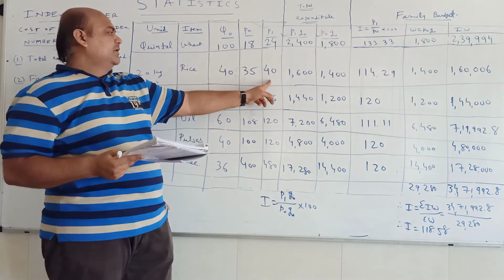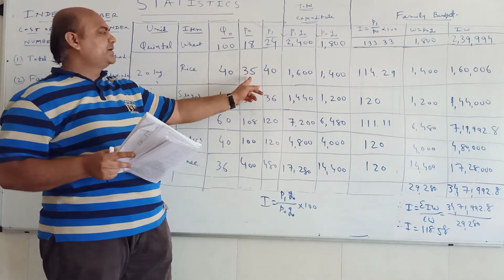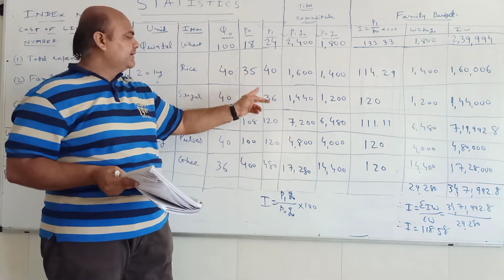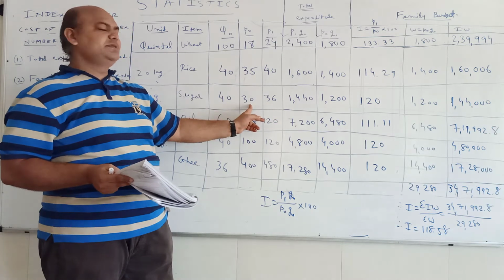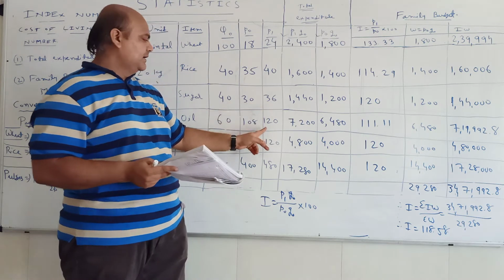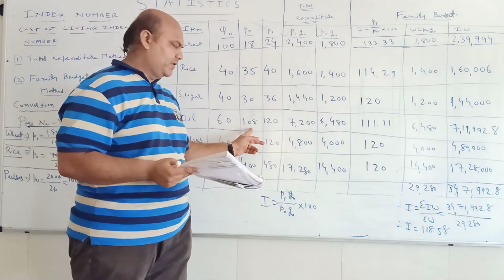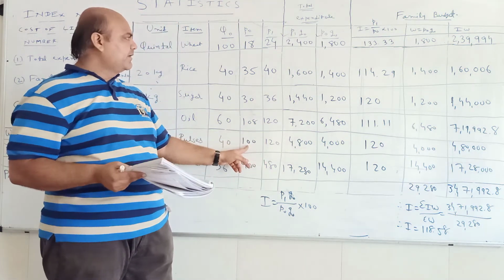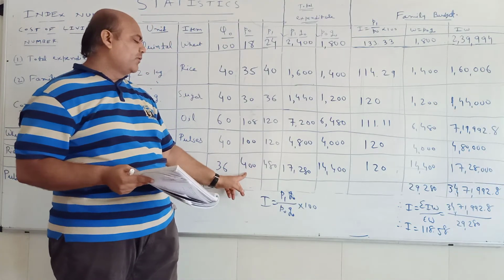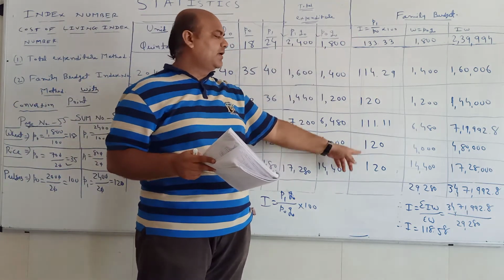For the next item, P1 is 40 divided by 35 into 100, so the answer comes 114.29. 36 divided by 30 into 100, the answer comes 120. 120 divided by 108 into 100, the answer comes 111.11. 120 divided by 100 into 100, the answer comes 120. 480 divided by 400 into 100, the answer comes 120. In this way we prepare the column of I.